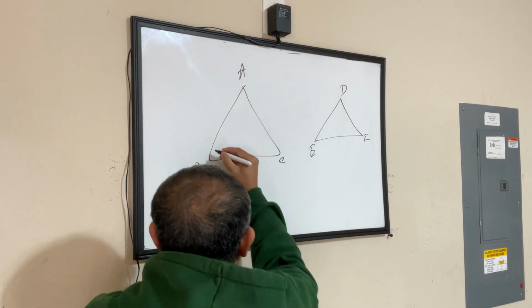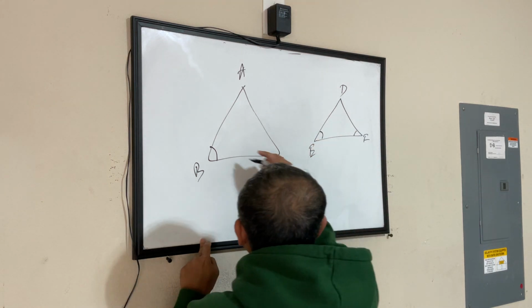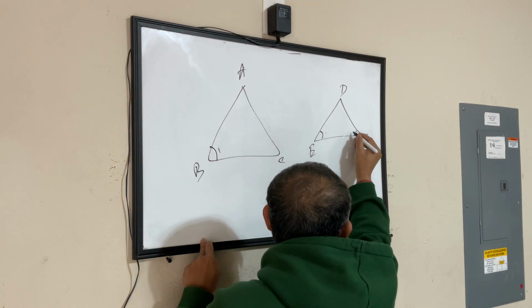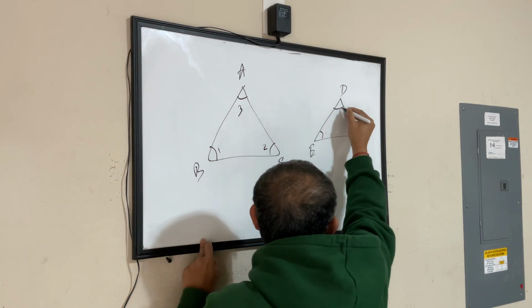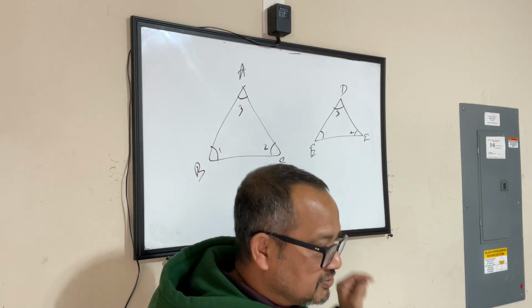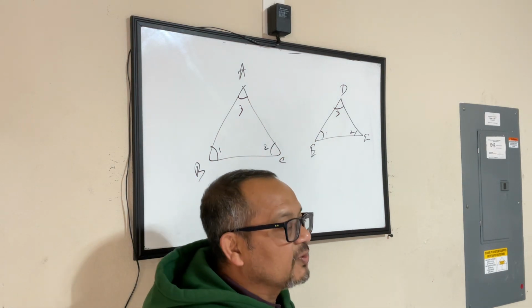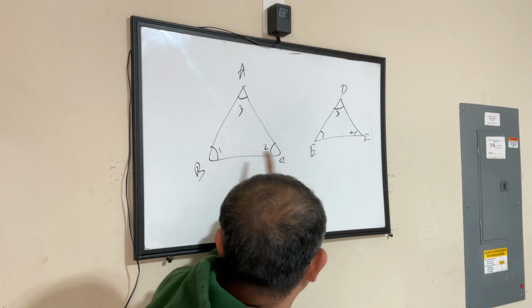So this angle and this angle are the same. Let's say this is 1, this is 1. This is 2, this is 2. This is 3, and this is 3. I'm not saying this is a degree. I'm saying this is a third angle which has the same value. So if 3 is 40 degrees, both are 40 degrees. Okay, that's what I mean by that. So these are matching angles.